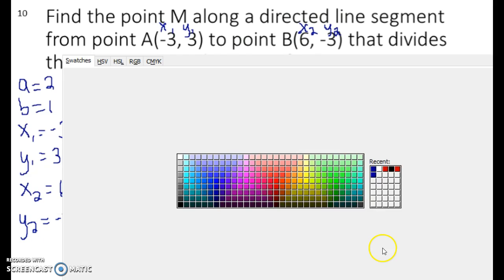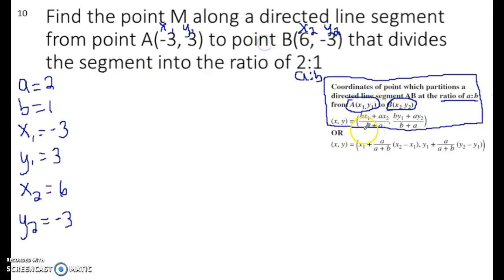And then I'm going to take my actual formula and start substituting them in. So we're trying to figure out a point that divides this. So our final answer is going to be an ordered pair. We're going to have x comma y. So I'm just going to start with the x portion of the ordered pair. Notice it says b times x1. So I'm going to find my b and multiply that by my x1.